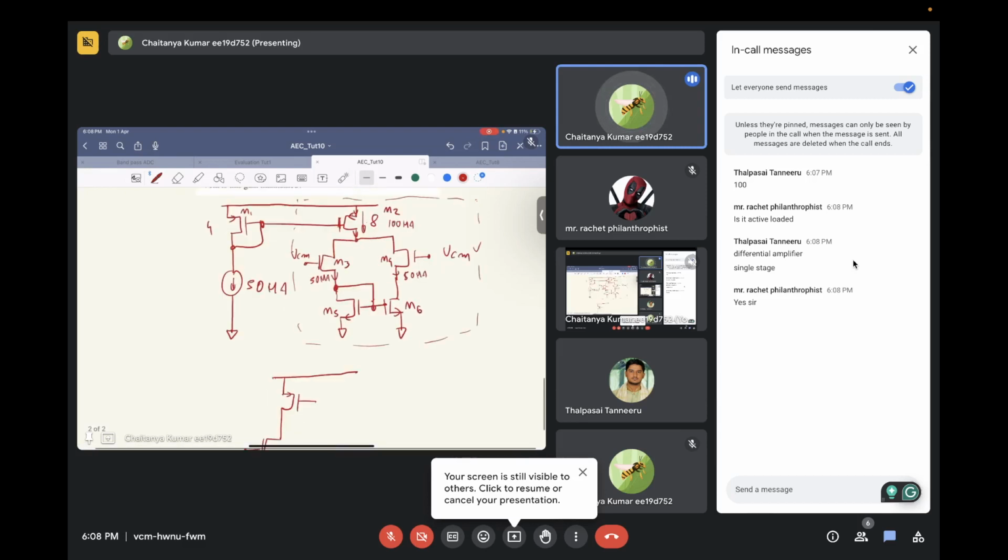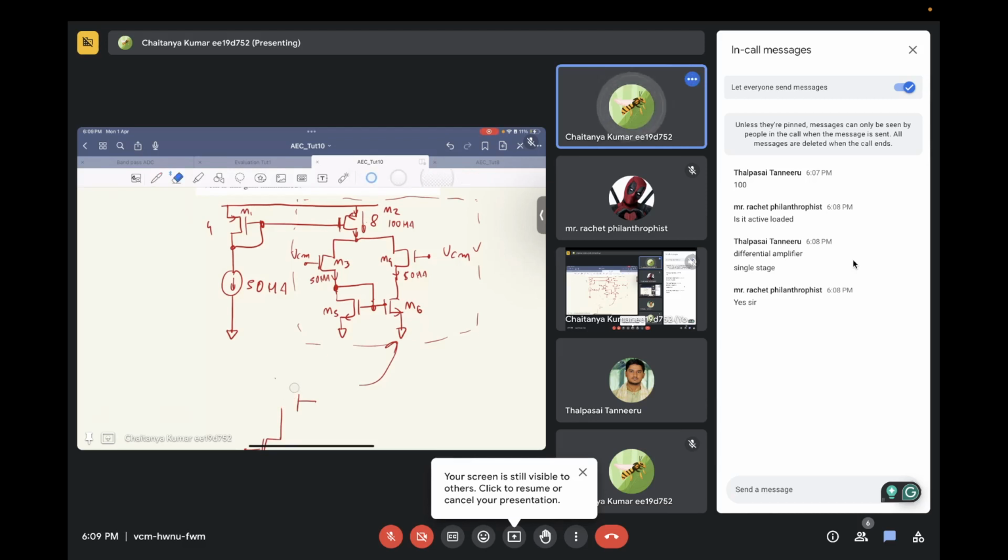This is an inverted one, with an NMOS load and PMOS input pair. So this is basically a standard five transistor differential to single-ended op-amp.